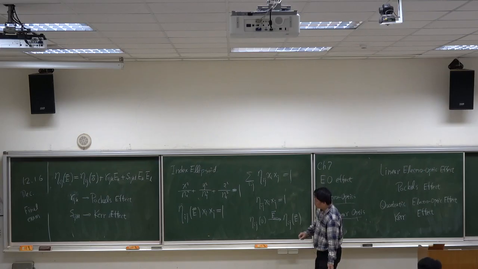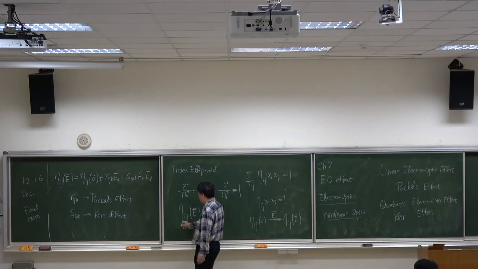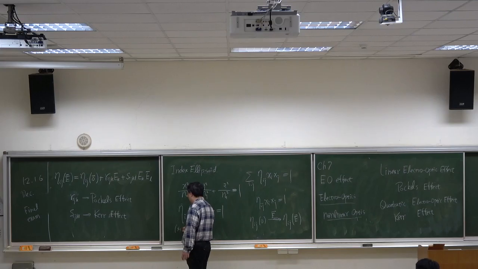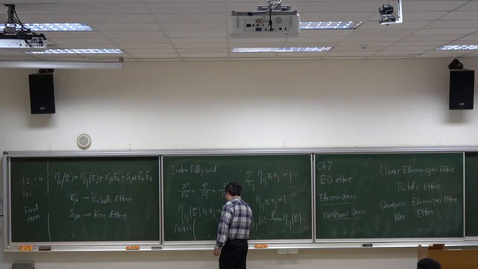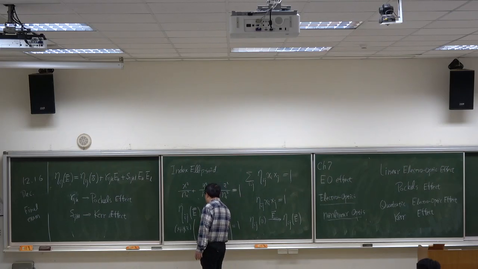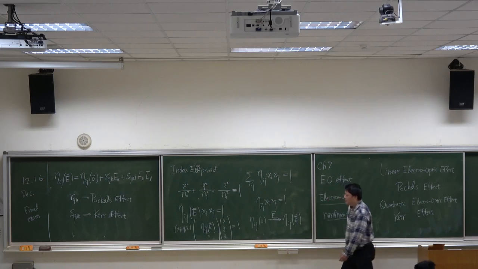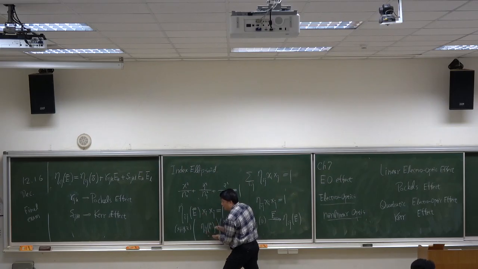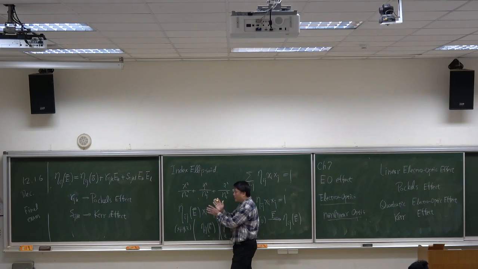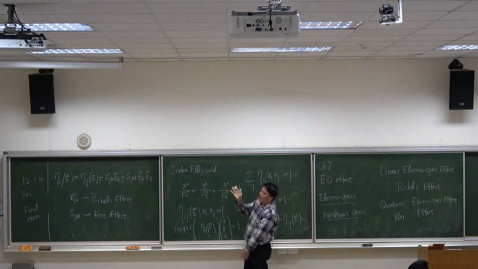Which means that we can write this as x, y, z times this matrix times x, y, z equals to 1. Here, the matrix in between is eta ij of E. So our task is to diagonalize this new eta matrix, to find the new principal axis.